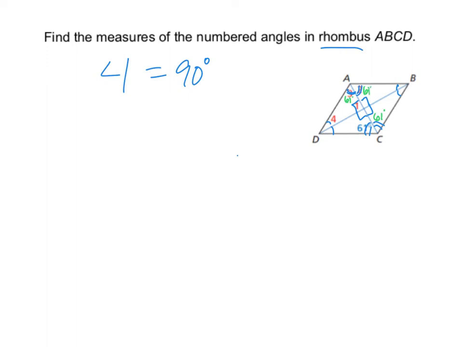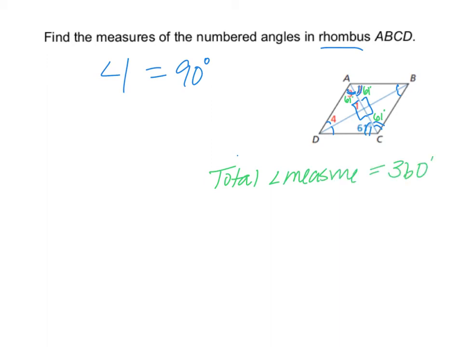Okay, and because we have a quadrilateral, we know all the angles have to add up to 360. So your total angle measure is equal to 360 degrees.